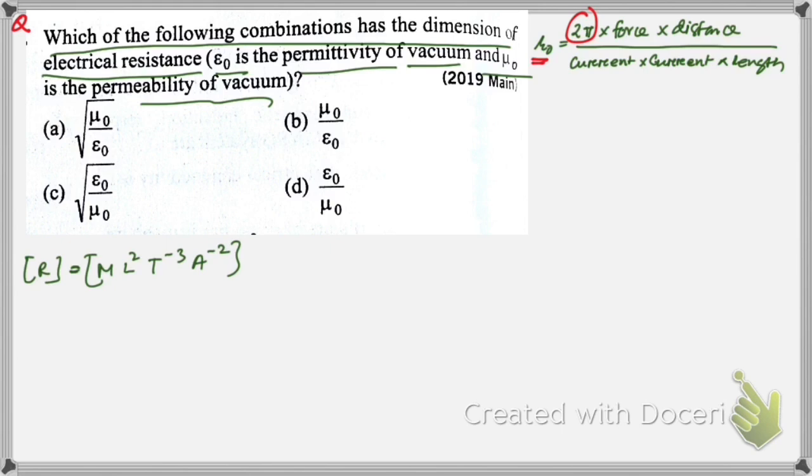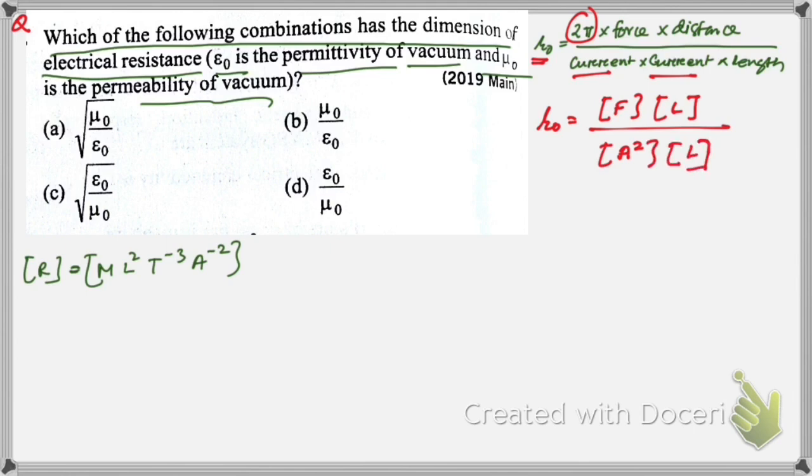So the dimensional formula of mu naught is going to be equal to force and distance, that's nothing but length, by current. Here we have current into current, so we can write A square, then length L. So here this length will cancel out, right? And the dimensional formula of force, mass into acceleration, M L T to the power minus 2, by A square.